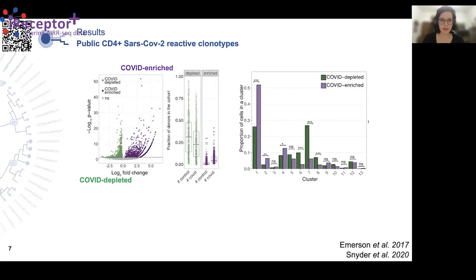This seems to bring some statistical difference in the presence of very, very public clonotypes. So these COVID depleted ones are all clonotypes that are present in more than 100 COVID patients and more than 100 healthy controls. So they are really public.